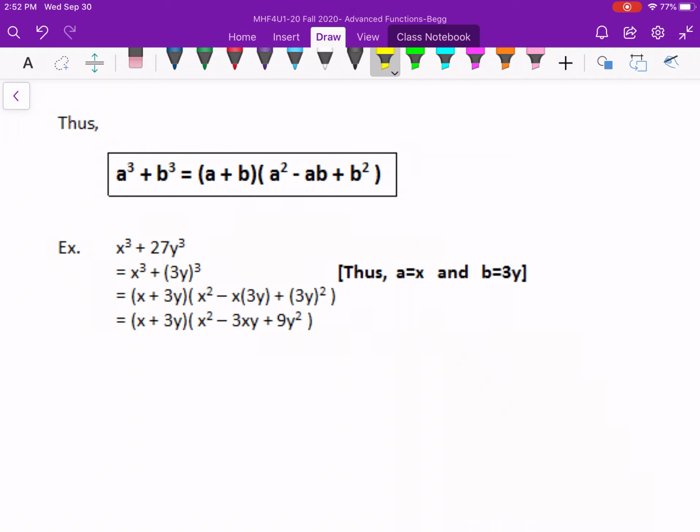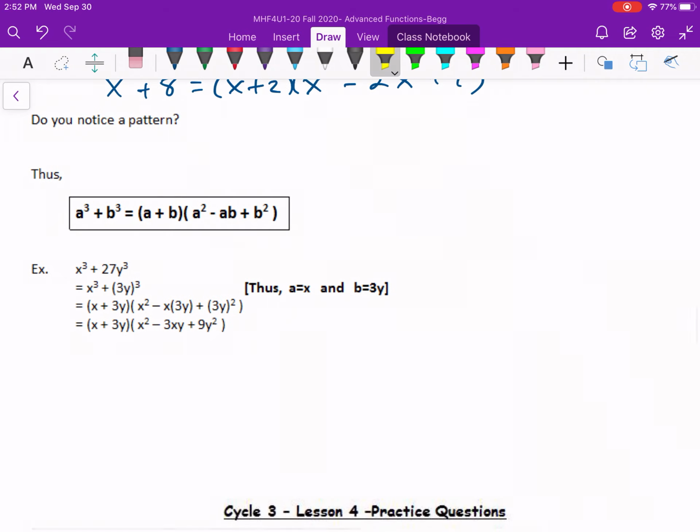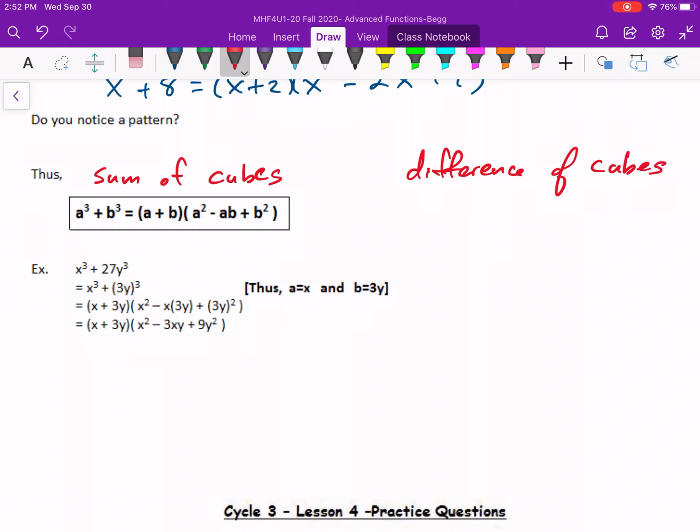So let's put them side by side. So this is sum of cubes. And if I write difference of cubes beside it, that one was a cubed minus b cubed equals a minus b times a squared plus ab plus b squared.